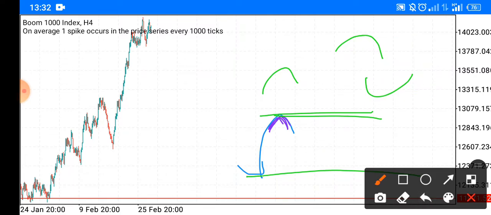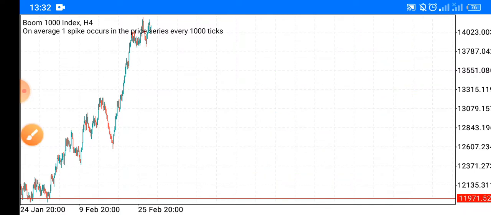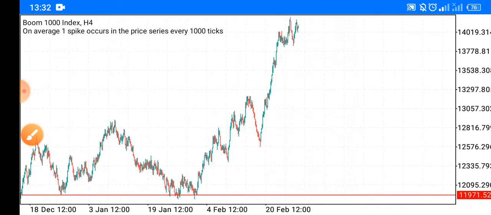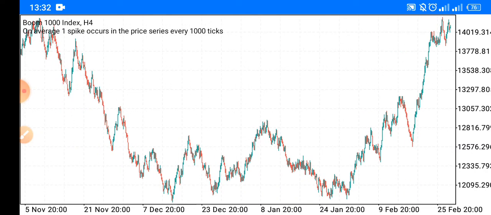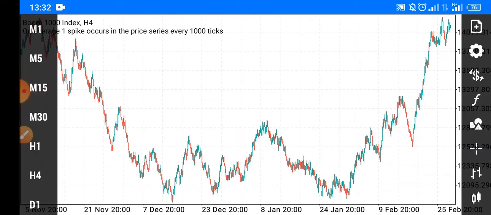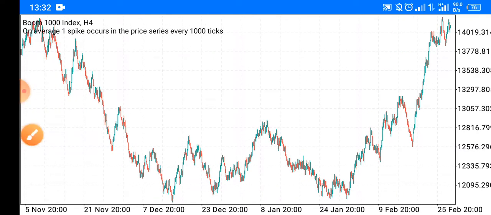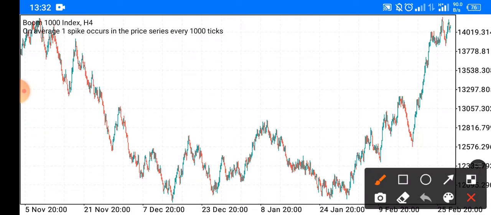So let me show you what I'm saying. Taking for example right here, these are our support levels. On a support we buy, and on a resistance we sell, right?